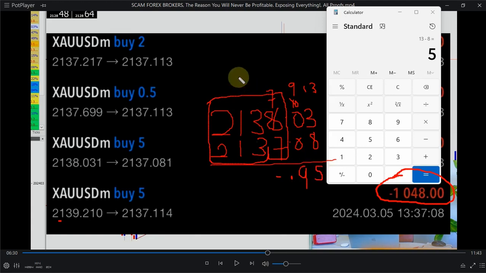So this means this trade moves 95 pips in the negative direction.